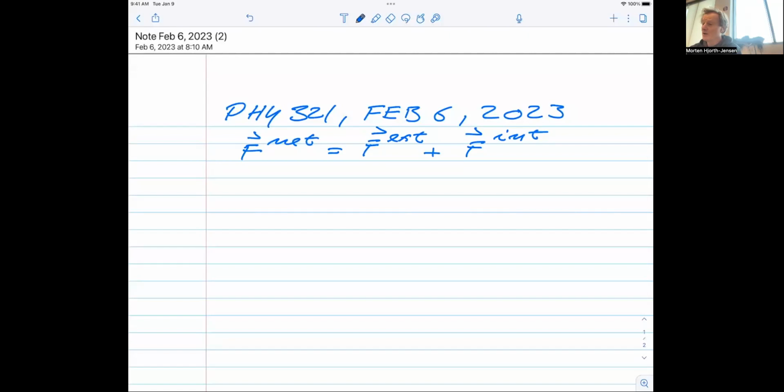So the thing which we saw then is that when we summed over all the objects which we had, and we looked at the internal forces, that would be the definition of the total internal force.